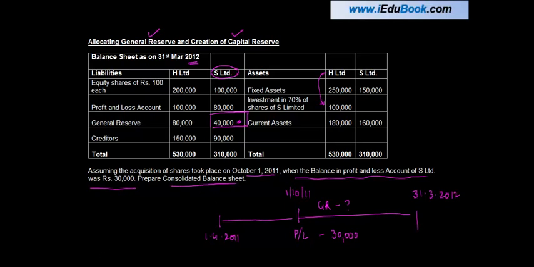Now before I go and move ahead with preparation of consolidated balance sheet, let me explain one thing to you. Whenever you make an investment in any company, as I told you earlier also, there are two things which you get.